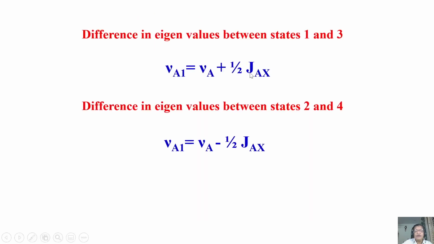Now you will get the frequency for A, and one peak is shifted from the chemical shift of A by half Jx to one side, and the other peak is shifted by half Jx to the other side. So each of these nuclear spins splits into doublets, and you get doublets of equal intensity separated by Jx.